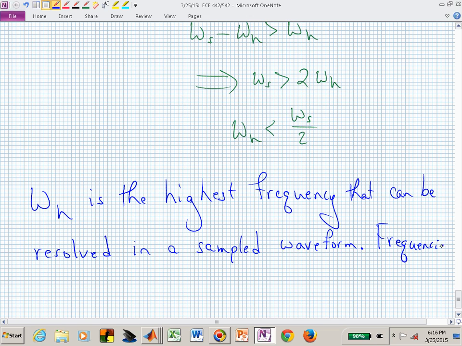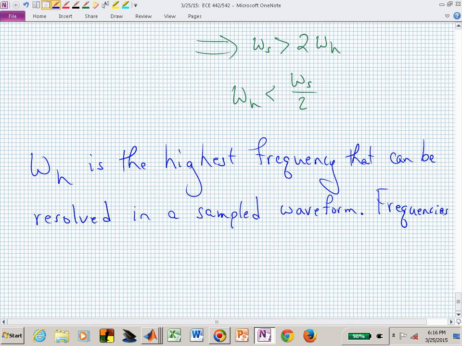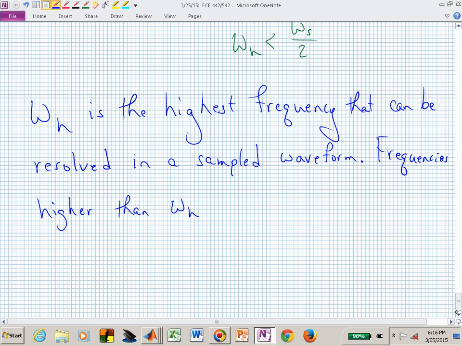If we actually had frequencies that exceeded or were higher than omega sub h, and we sampled at omega sub s, with omega sub h equal to omega sub s over 2, then frequencies higher than omega sub h appear to be between 0 or DC and omega sub h.